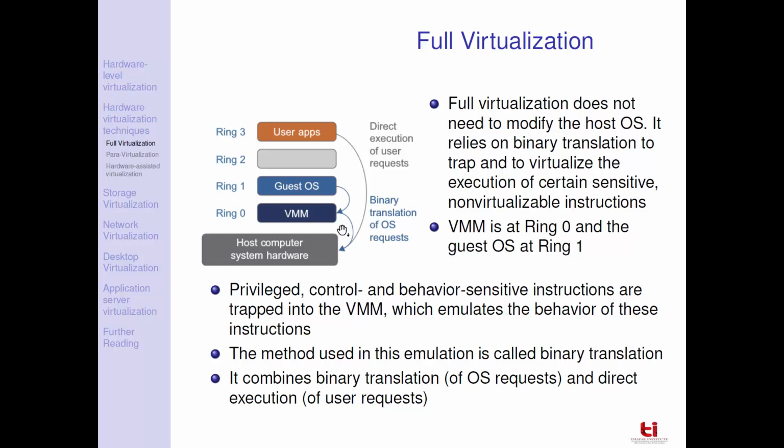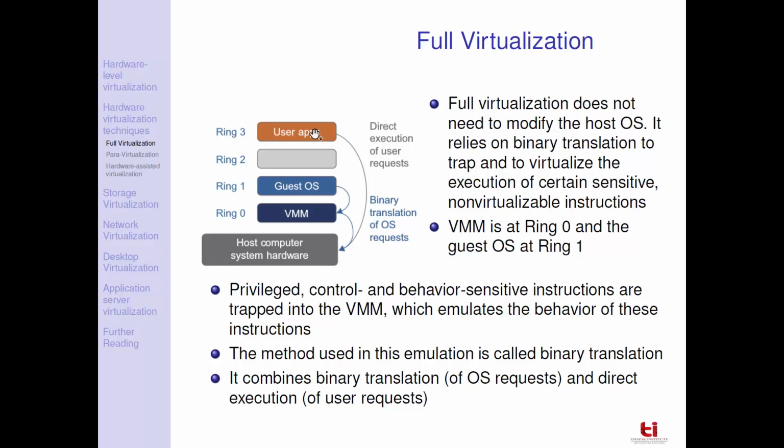In this, the virtual machine manager is at ring 0 and the guest OS is at ring 1. Privileged instructions such as control and behavior instructions are trapped into the virtual machine monitor, which will emulate the behavior of these instructions, and they will then be executed by the hardware.